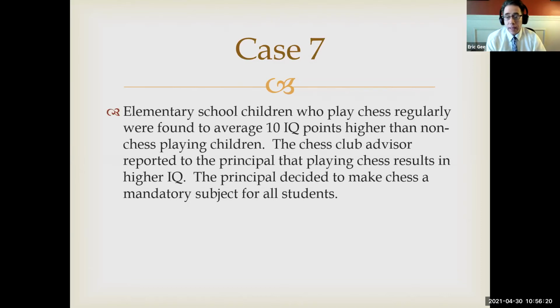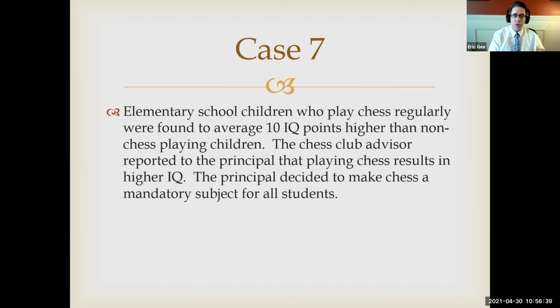All right, so yes, I can define selection again. Selection is that the group has certain qualities that are not related to the variable of interest. So in this case, what we're saying is elementary school children who play chess regularly were found to have high IQs.